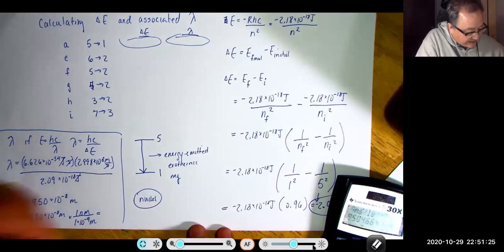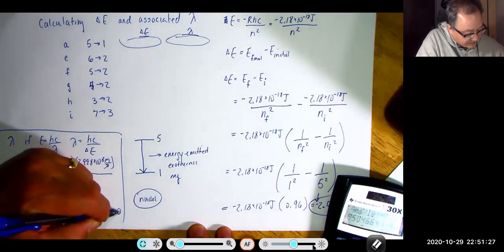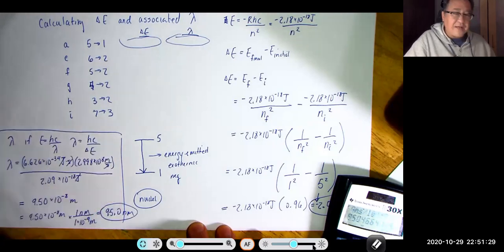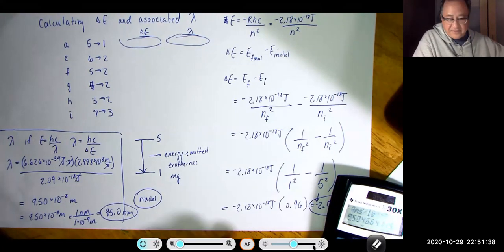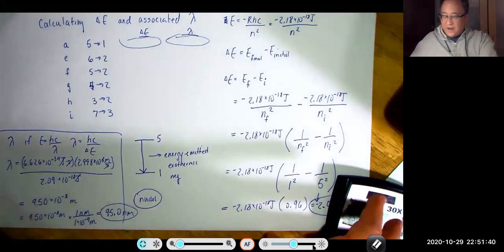And I get 95.0 nanometers. And the answer that the handout gives is 94.97, which rounds to 95.0. So that's how you calculate the wavelength.